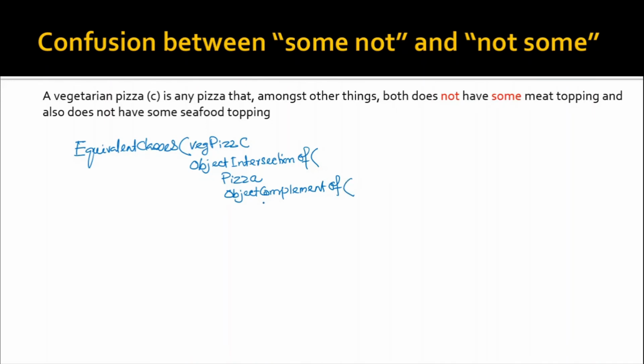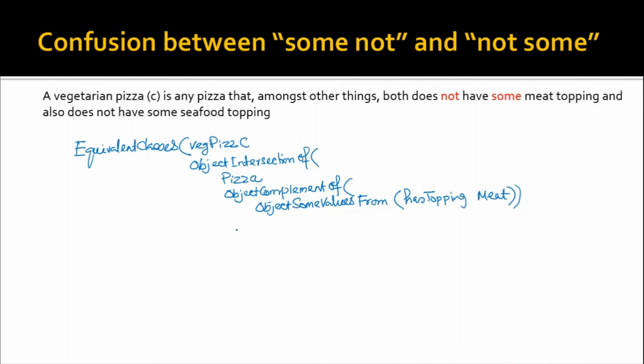And it will contain as input object some values from, and this restriction would be on has topping, and the value would be meat, right? So it does not contain any topping that is meat, right? So that is how we are representing.